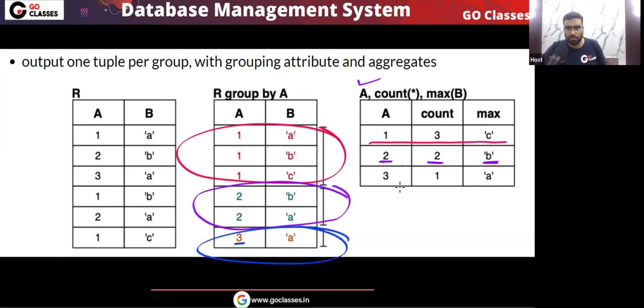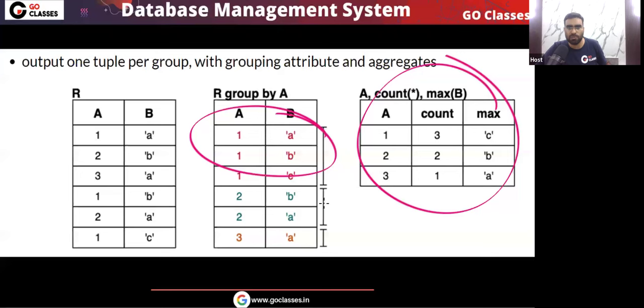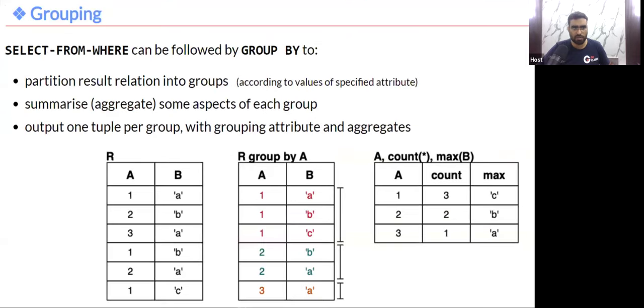For this group, A value is 3, count star is 1, and the maximum value is A. Did you notice that there is no having clause here? So the number of tuples in the output is equal to the number of groups. Is this clear? Very simple, I hope you understood. The output will have one tuple per group.